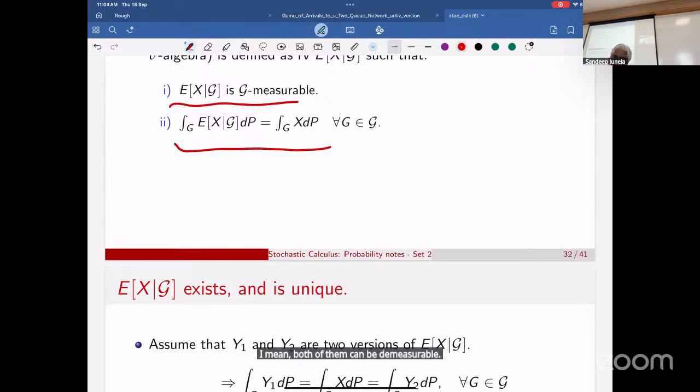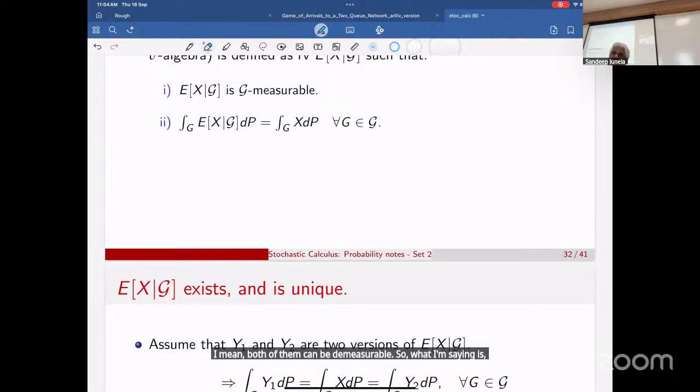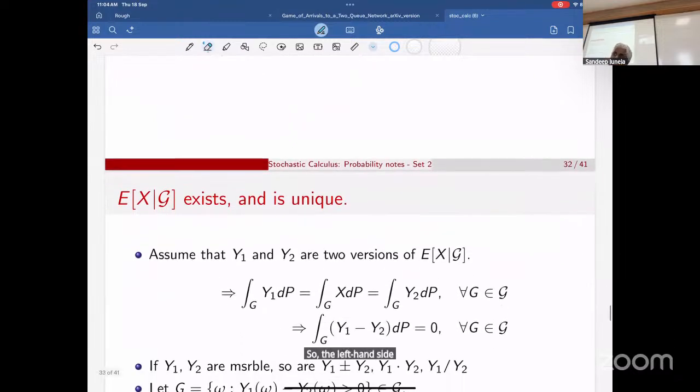So what I'm saying is that we are really defining this conditional expectation up to almost sure equivalence. The left hand side and the right hand side are equal almost surely. That's what we say.